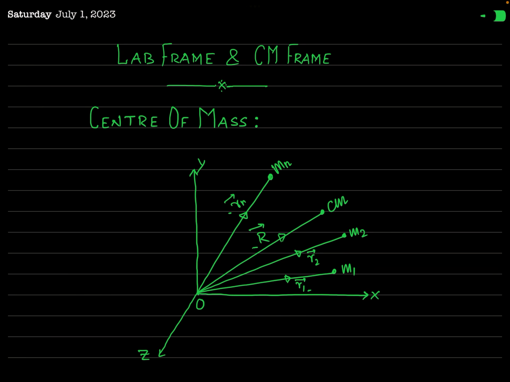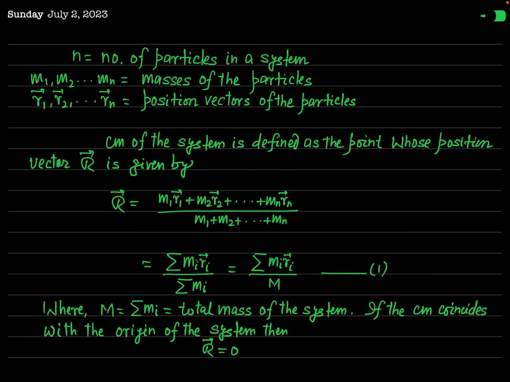Center of mass is a point whose position vector R is defined as the sum of the products of the masses of the different particles and their respective position vectors, divided by the total mass of the system, or you can say the sum of the masses of the individual particles. This capital R represents the position vector of the center of mass.